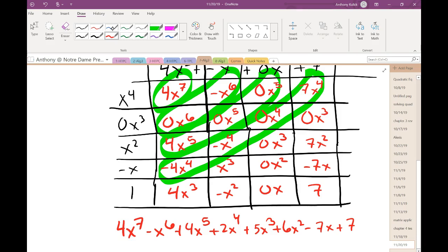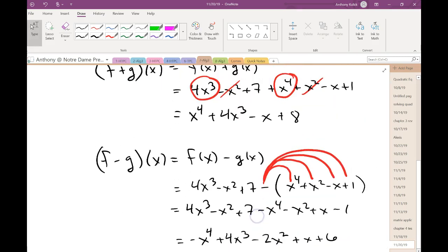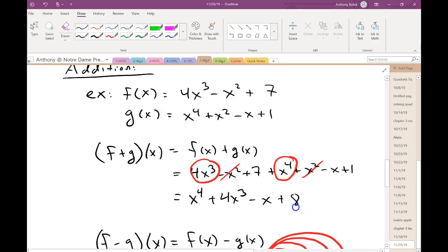Let's take a moment and go back and look at these 3 types of problems, adding, subtracting, and multiplying, and see if we notice a relationship between the degrees of the polynomials we started with and the degree of our answer. Okay with that? All right, so let's go back and look at the addition problem.